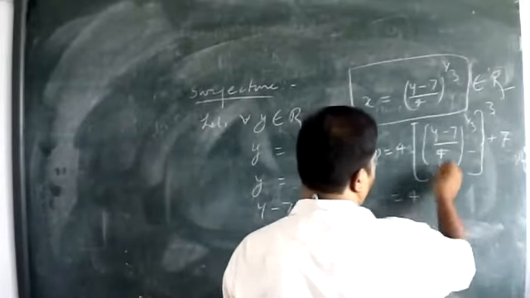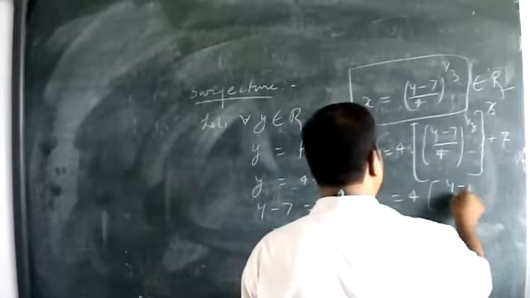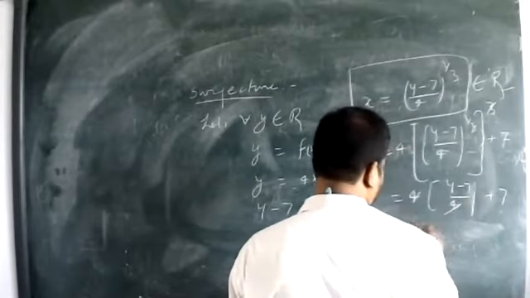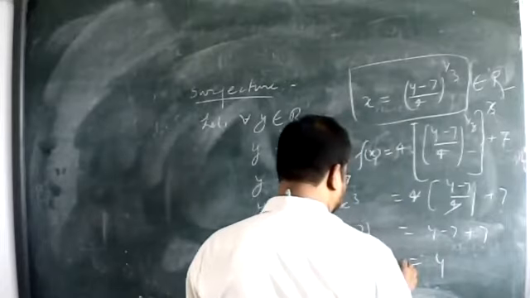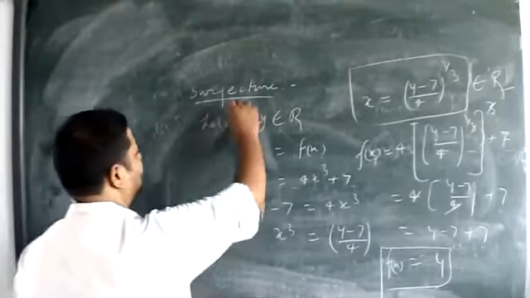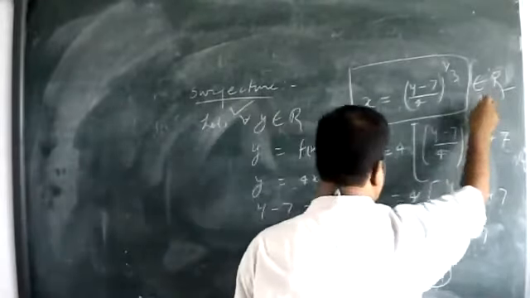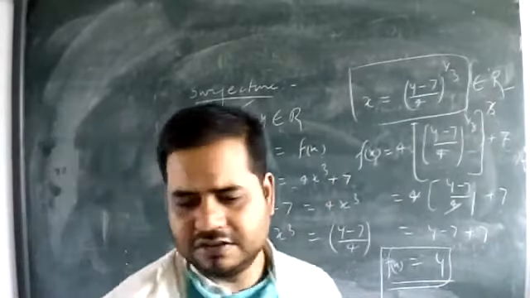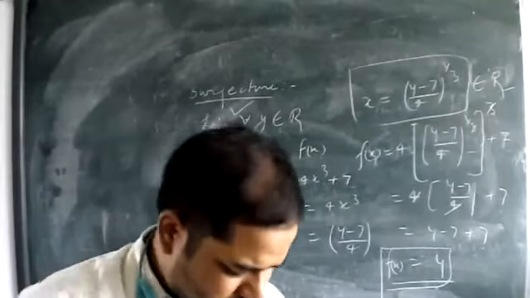Now 4 and this 4 cancel out. 4 into (y minus 7) by 4 plus 7 is y. What do you see here? f(x) is equals to y. So y belongs to real number, and there exists x belongs to real number such that f(x) is y. So the given function is onto. Okay. You may complete it now.